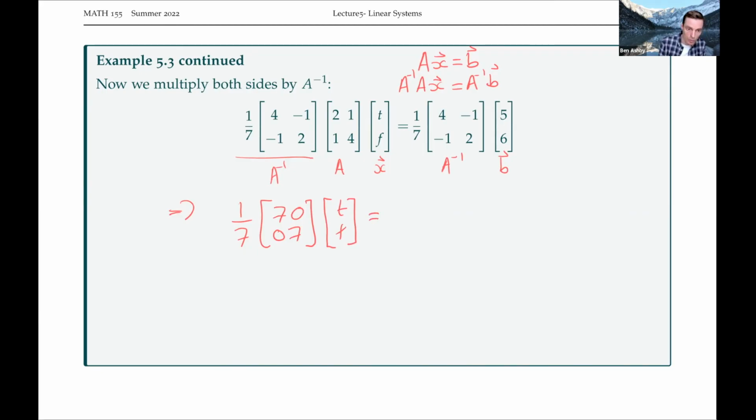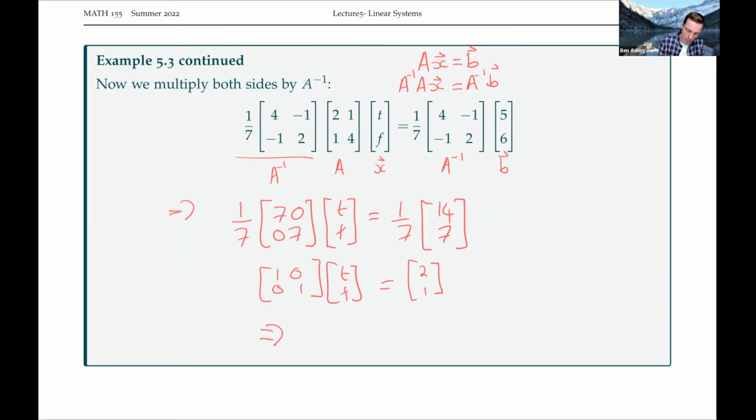And that's going to equal 1/7 times 14 and 7. So this is just A inverse times B. So we've got the identity matrix here, 1, 0, 0, 1 times TF is going to equal 2, 1.